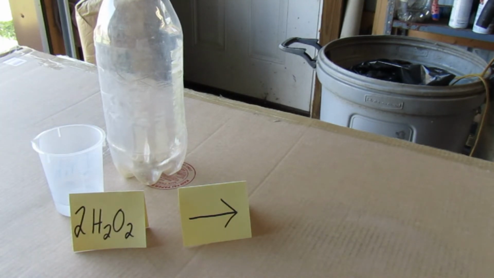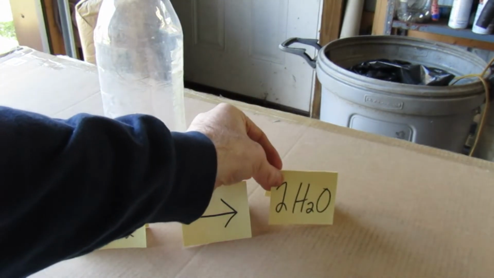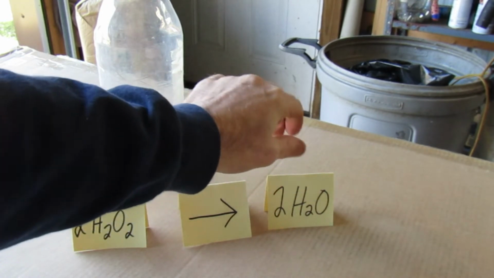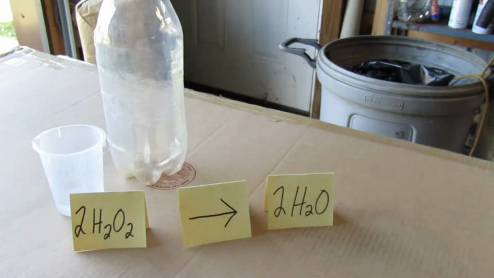And what we're going to do is basically use a chemical reaction to break apart the H2O2 into something totally different. Chemical reactions make something completely new. Key terminology there, completely new. So H2O2 becomes, I think you can recognize that if you look closely, water. It's very close.